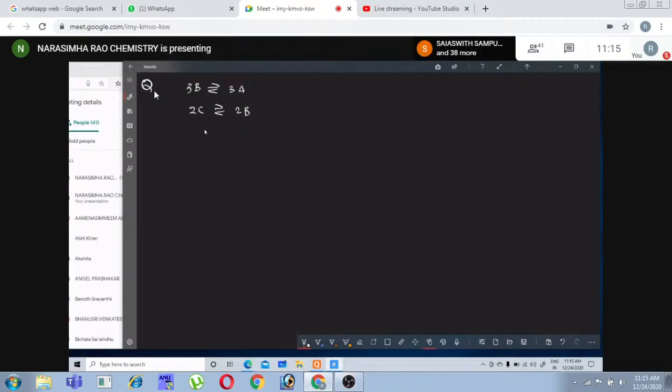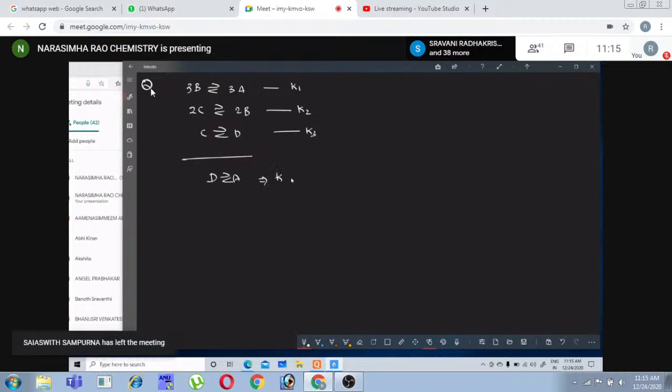Now C is in equilibrium with D. Now this is K1, this is K2, this is K3. Then find D to A is equal to K.